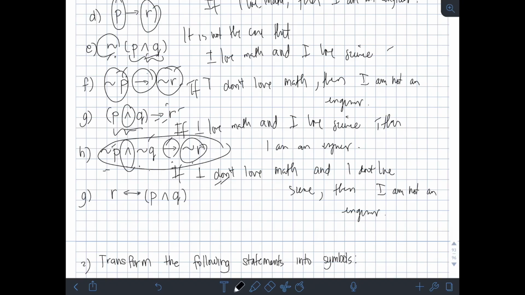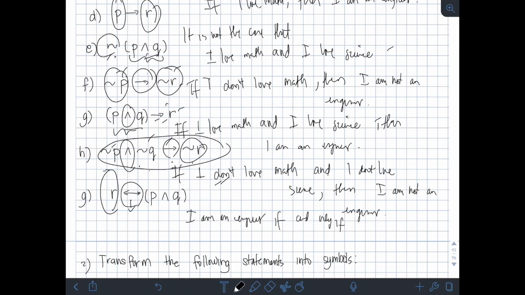Next, R if and only if P and Q. Okay, so this time, involved naman tayo ng if and only if. Okay, so, copy lang natin tong R. So, I am an engineer. If and only if, ito yung symbol kasi na yun, diba? Basta dun sa previous video ko.